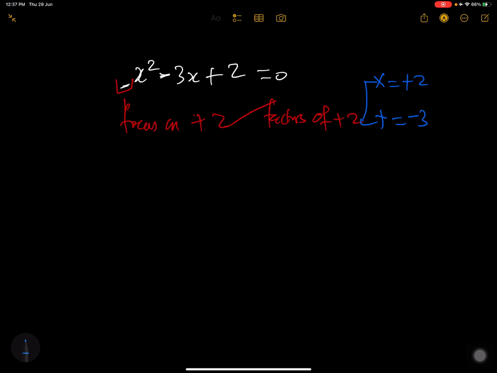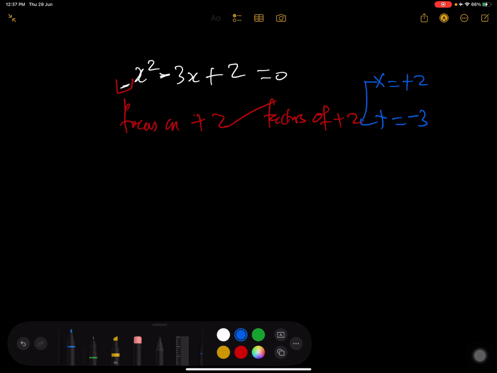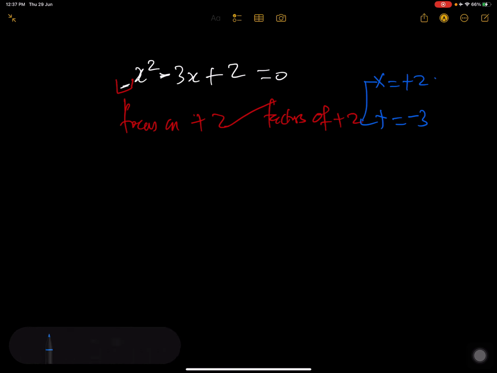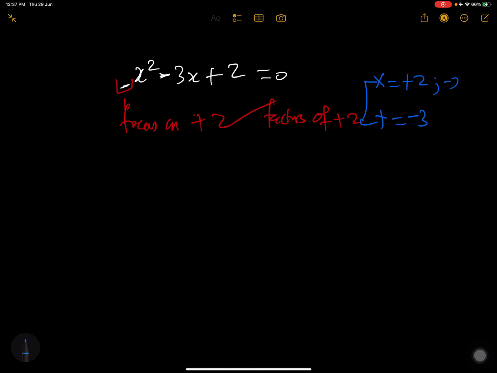So what are we going to get for the factors of plus 2? We said negative 2, negative 1. So when we multiply, we're going to get plus 2.